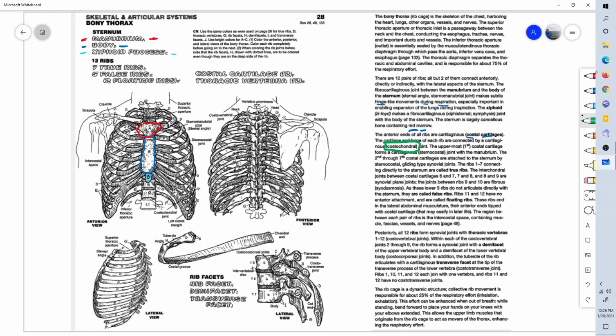First of all, these are what are called thoracic vertebrae. These are the vertebrae of your middle back. This is thoracic vertebra number 1. There are 12 thoracic vertebrae. This is number 2 here, number 3, number 4, 5, 6, 7, 8, 9, 10, 11, and 12.